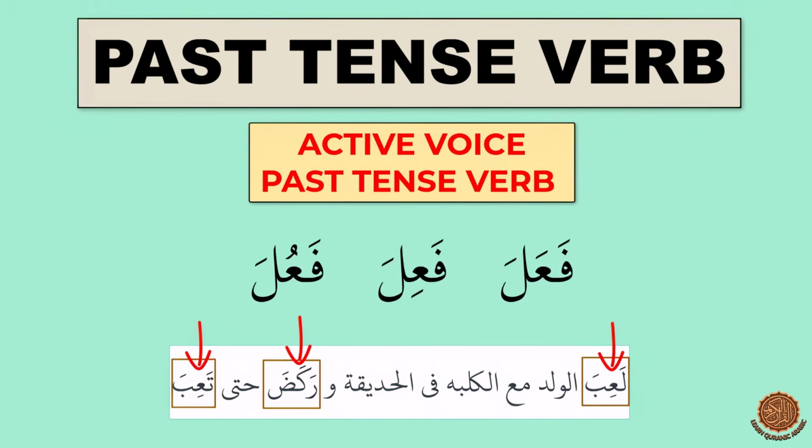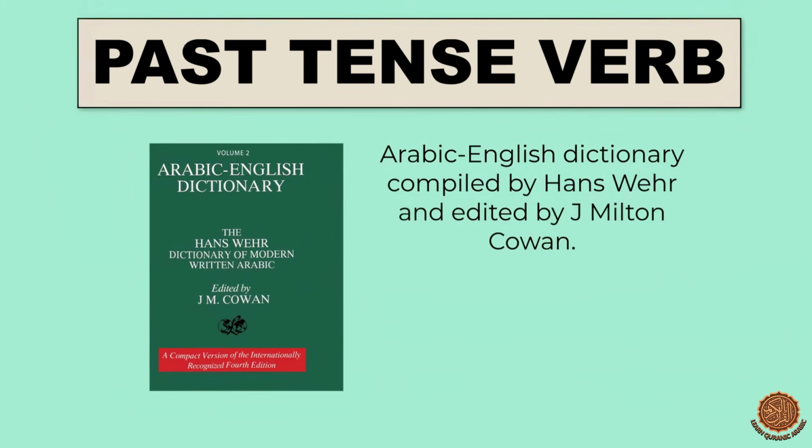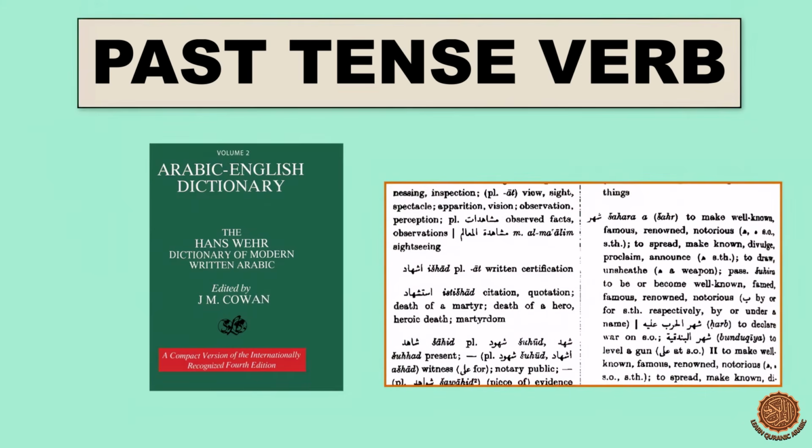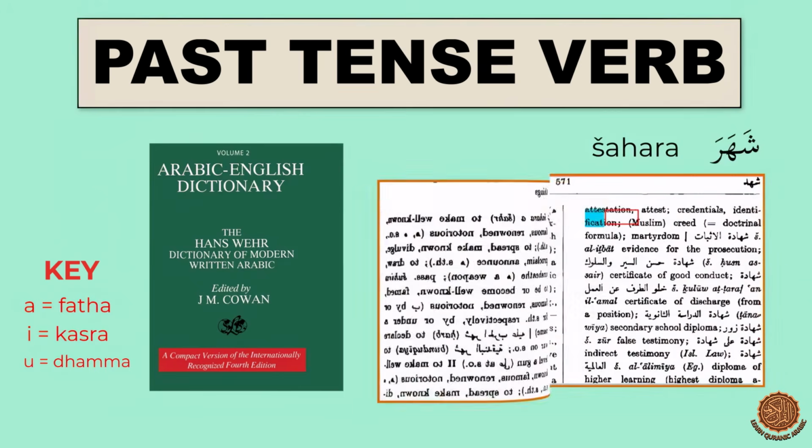A popular dictionary that students use is the Hans Wehr Dictionary. As an example, if we go to the sheen, the ha, and the ra, we can see from these letters an a after the sheen, an a after the ha, and an a after the ra. So that would be shahara: he was well known, he was famous.